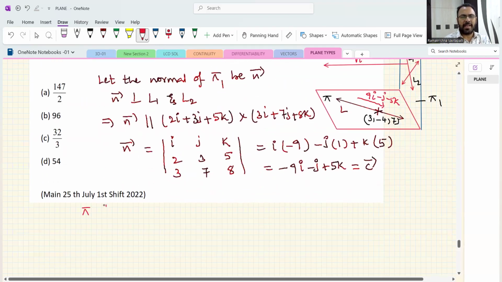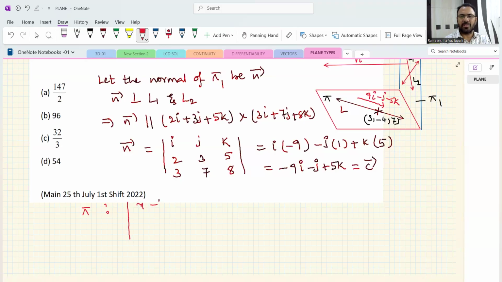Now the required plane is given by determinant of x minus 3, y plus 4, z minus 7, parallel to two vectors 9, minus 1, minus 5, and parallel to the second vector that is minus 9, minus 1 and plus 5. All right.